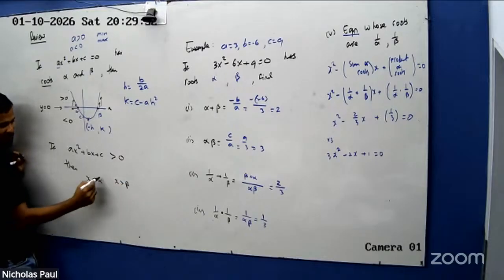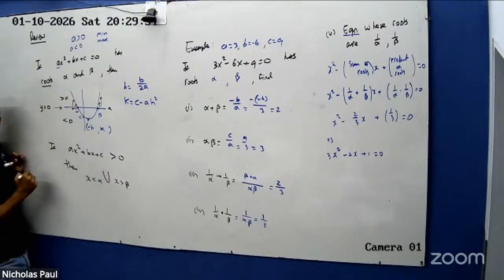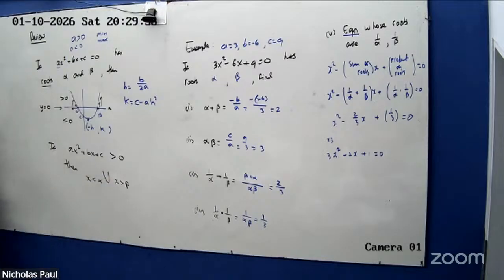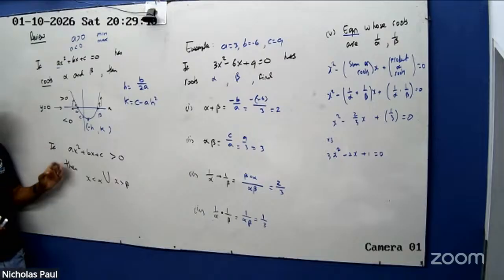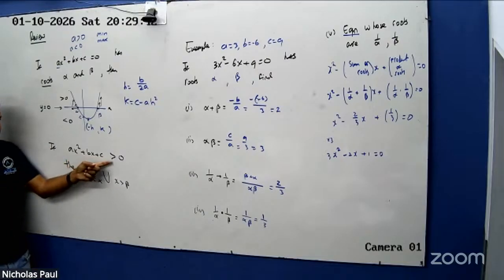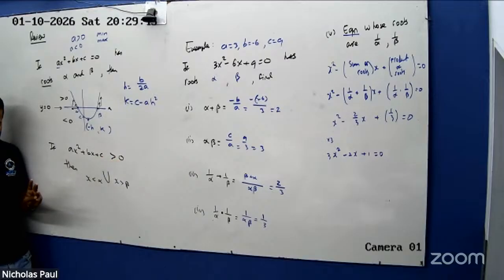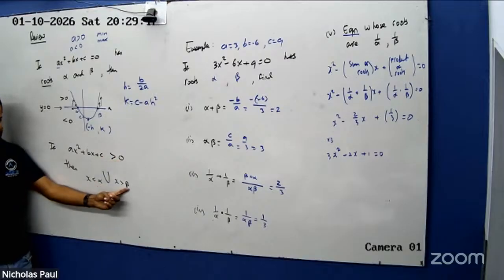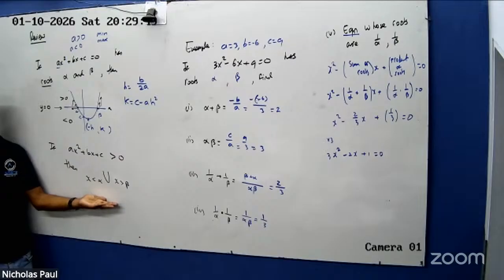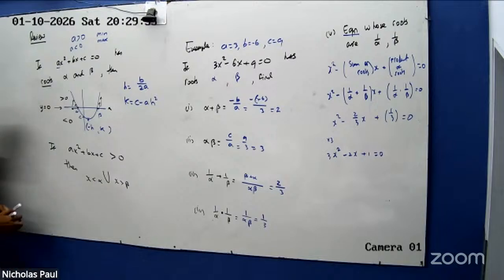And the way you write it is to use the symbol union. You'll see that? This is the solution, nothing else. You don't have to figure anything else out. That's okay?